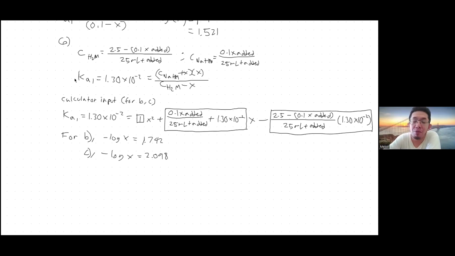So, anong laman ng system mo? If your volume of your titrant is 0, so your system contains what?